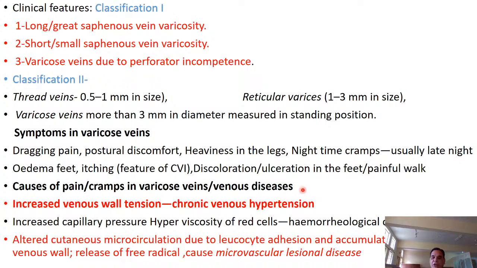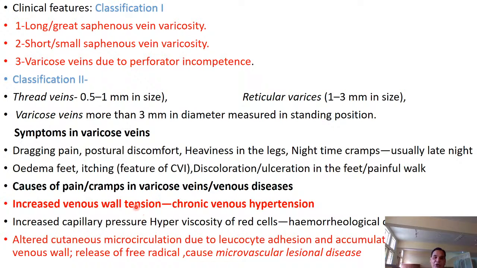Now this is the buzzword of today. The cause of all varicosities is chronic venous hypertension. Like systolic hypertension, this is a venous hypertension. That is why all these problems are occurring. So treatment is also changing accordingly. What is it? Increased capillary pressure.